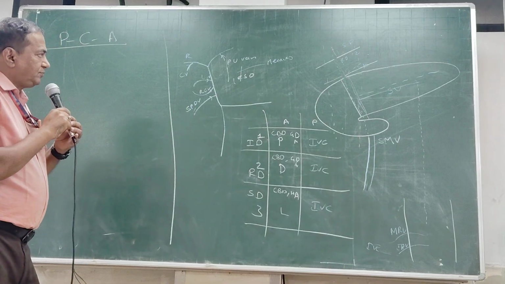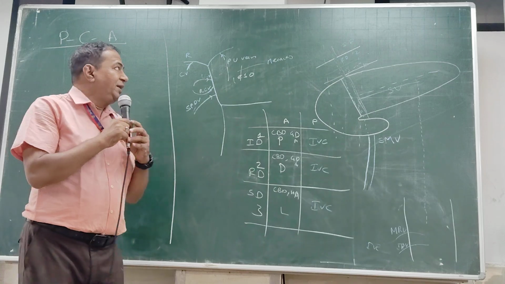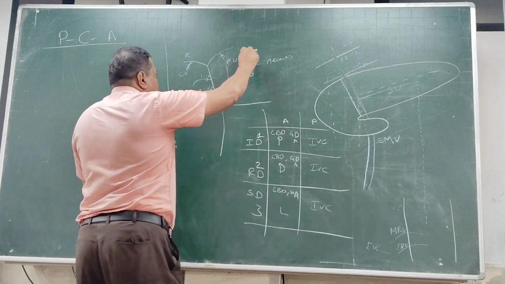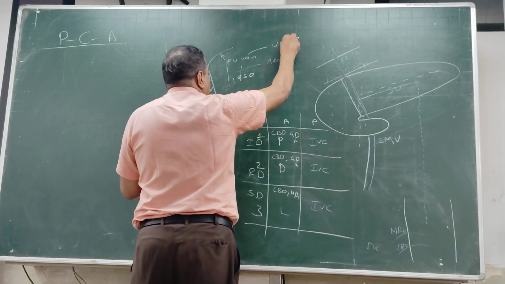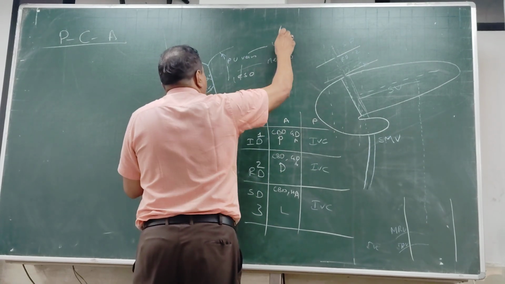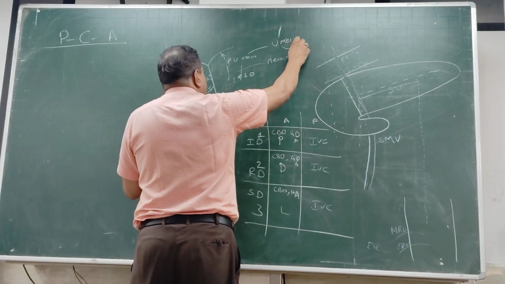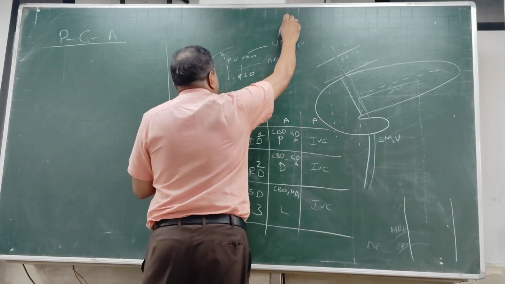Okay. Paraumbilical veins are draining the umbilicus, which is also drained by superior epigastric vein and inferior epigastric vein.